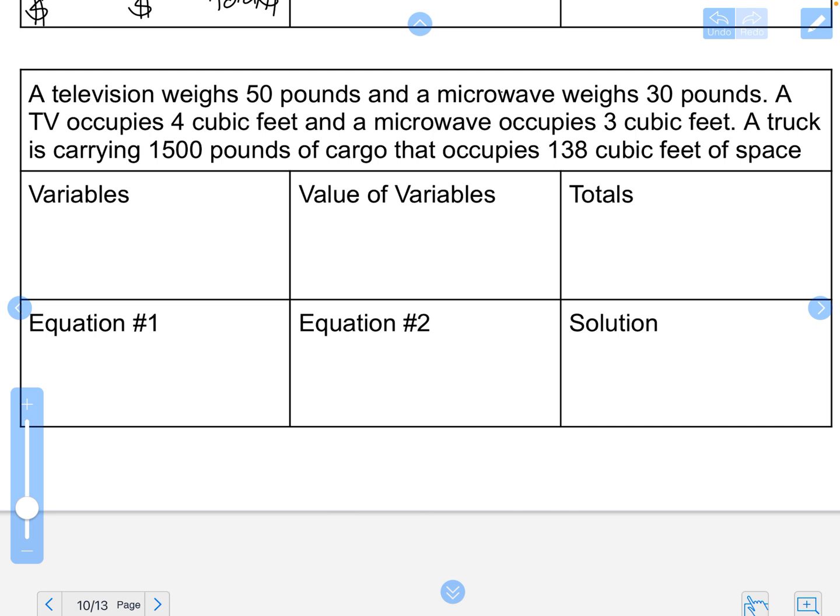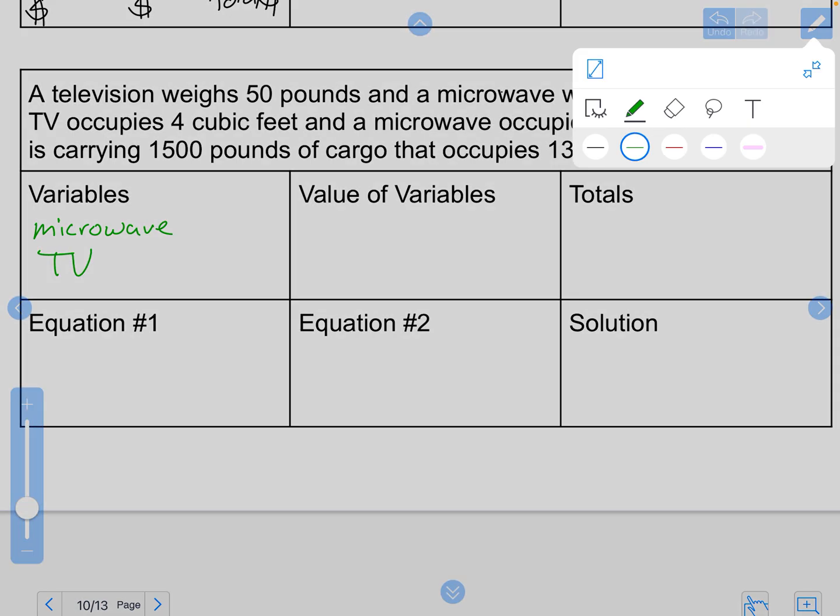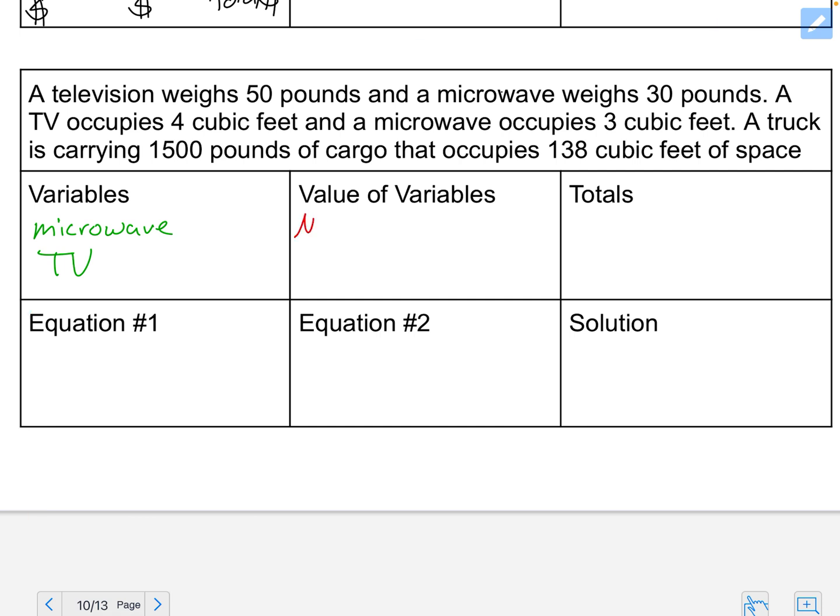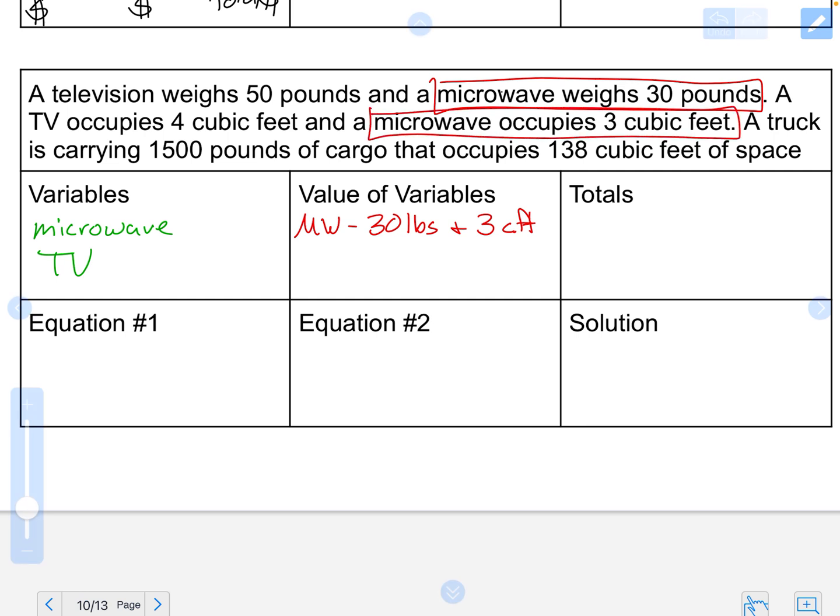So the two things we kept talking about were a microwave and a TV. So I've got values of variables. My microwave, I'm going to abbreviate that MW, weighs 30 pounds, and it takes up 3 cubic feet. So again, microwave, 30 pounds, microwave, 3 cubic feet.